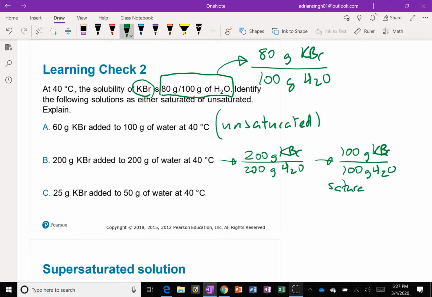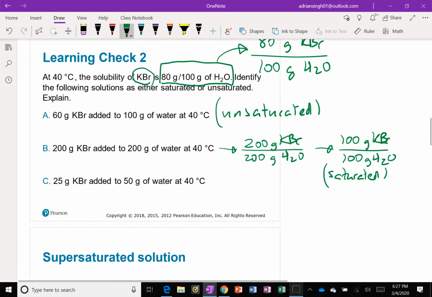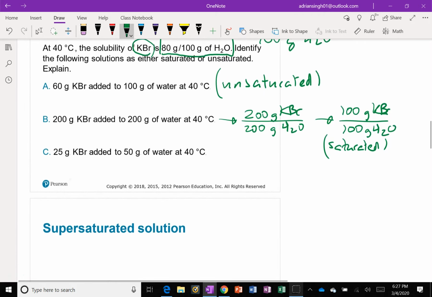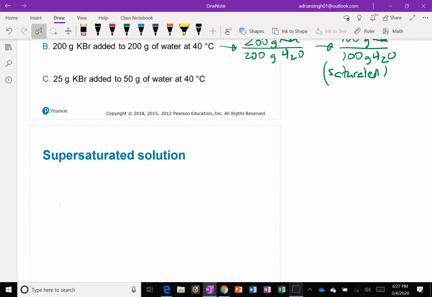Right? That extra 20 grams will just sit there in the bottom of the container, whatever that container happens to be. So we can qualitatively describe our different types of solutions, but in more concrete cases, we can actually put some numbers and quantify the relationships and compare our solutions to others.